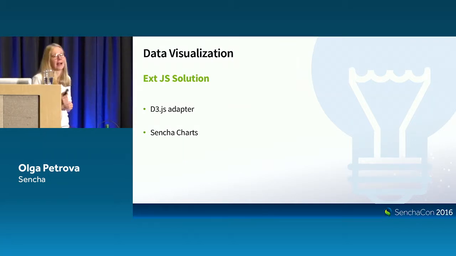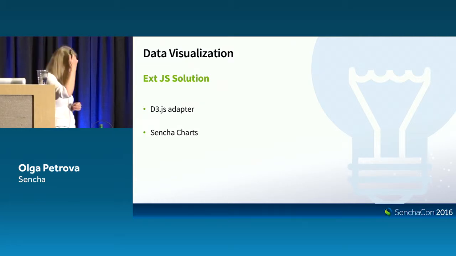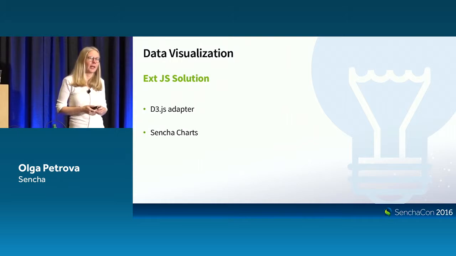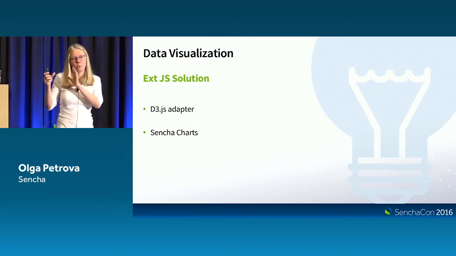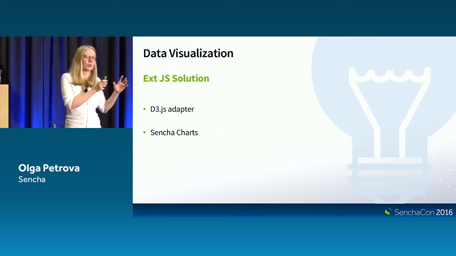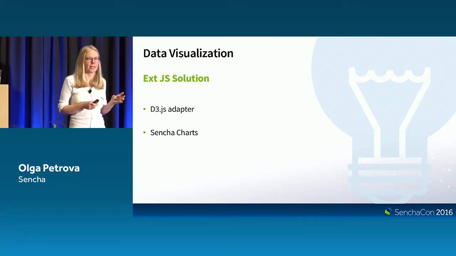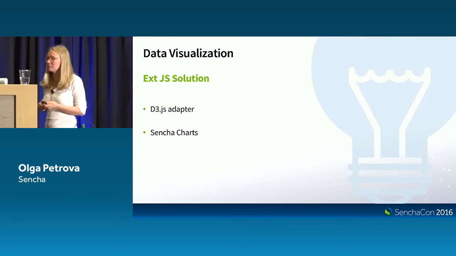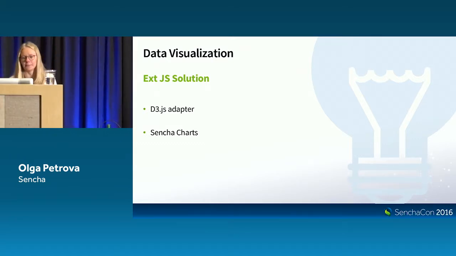Not many. To be honest, I have used D3 a lot in the past, also as part of Ext JS applications, but it was always a bit tricky to transform data from an Ext JS store into a format suitable for D3 visualization, and to integrate D3 visualization into an Ext JS application. This adapter helps you solve these problems.